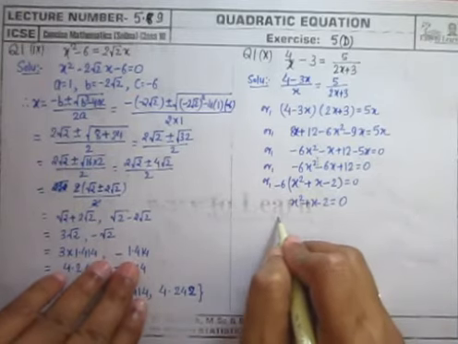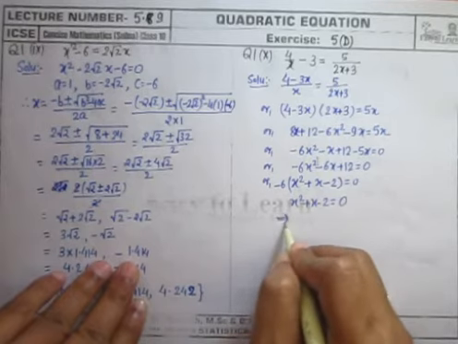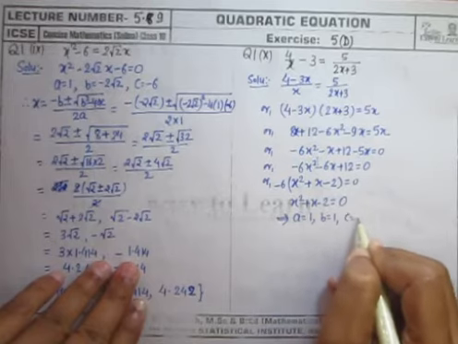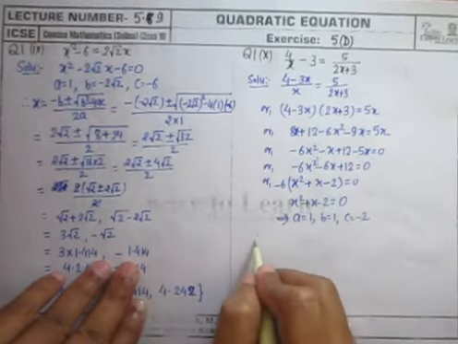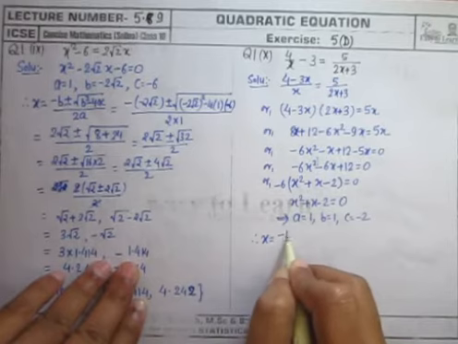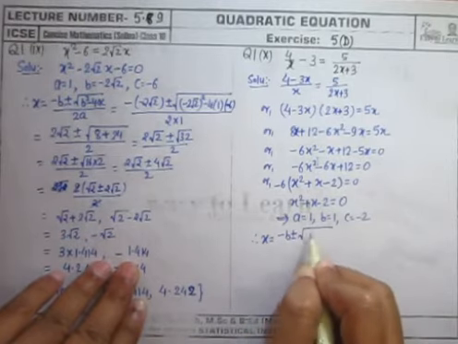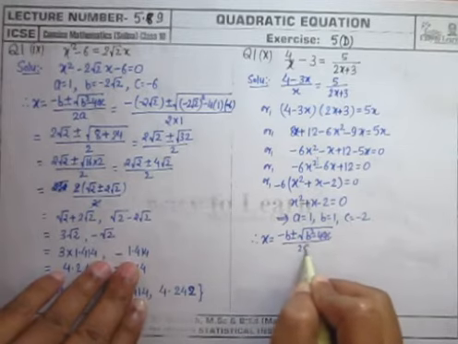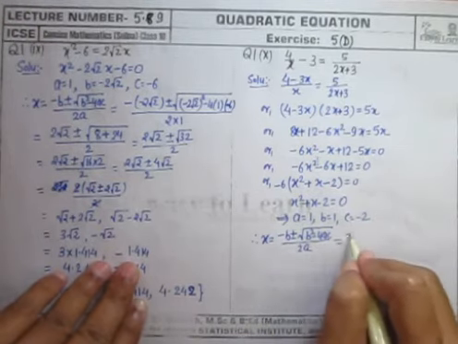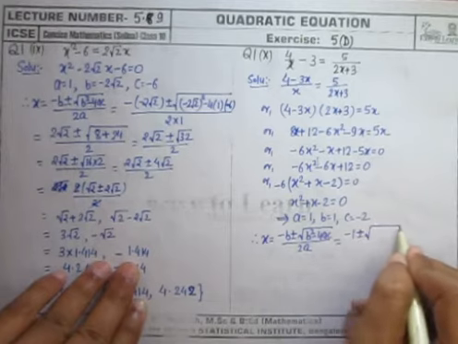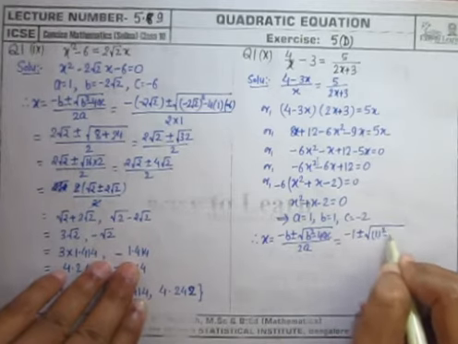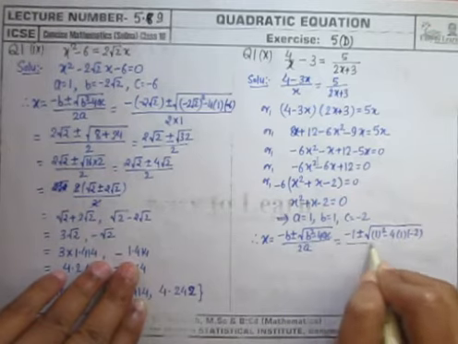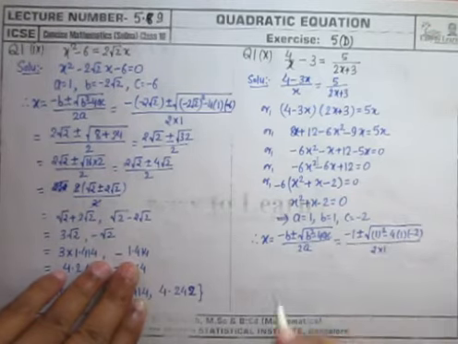Now comparing this equation with the general equation, a is 1, b is 1 and c is minus 2. So value of x is minus b plus minus root under b square minus 4ac by 2a. So minus 1 plus minus root under b square, that means 1 square minus 4, a is 1 and c is minus 2, divided by 2 into 1.